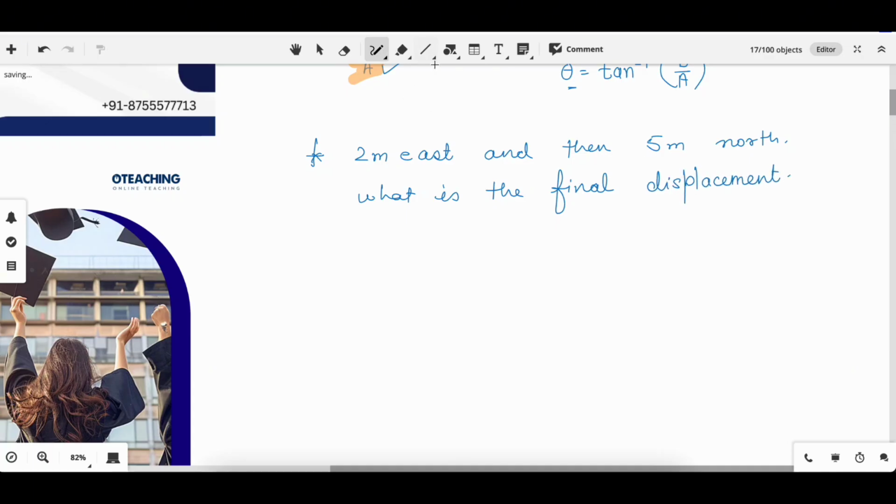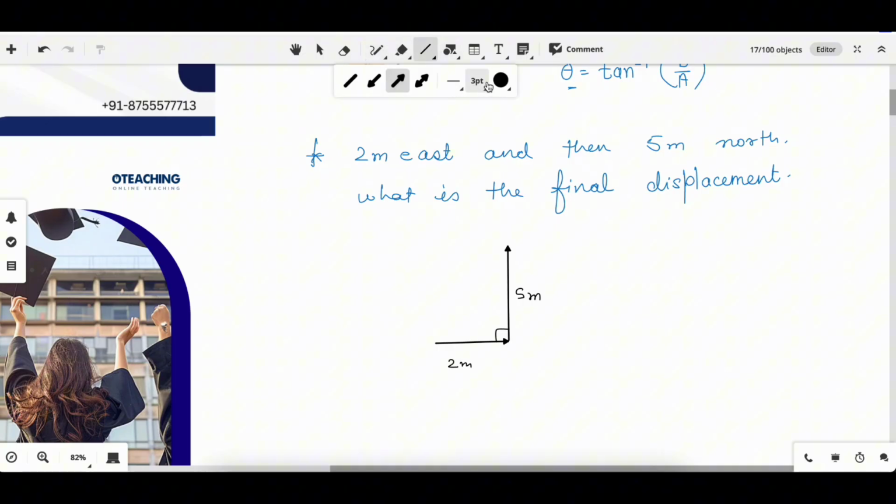So I need to find out the final displacement. So we have 2 meters east, and then what we have? 5 meters north. East and north directions are perpendicular. So already we have drawn our two vectors in order. Okay. So 2 meters and 5 meters.